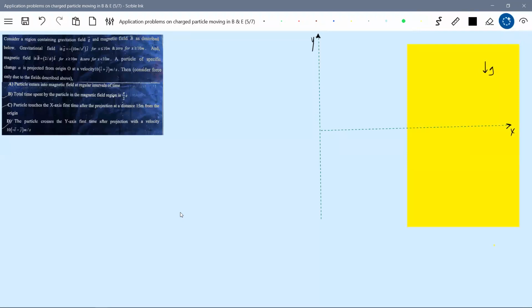So this is x equal to 10 meters. B bar is present only in this region, and it's out of the plane. The g in fact will be there everywhere. Let's indicate that also. A particle is projected with a velocity 10 i cap plus 10 j cap. So I'm going to project with a speed V naught at an angle 45 degrees at t equal to 0.